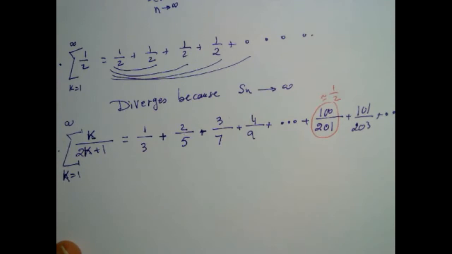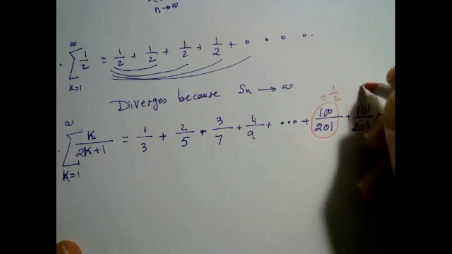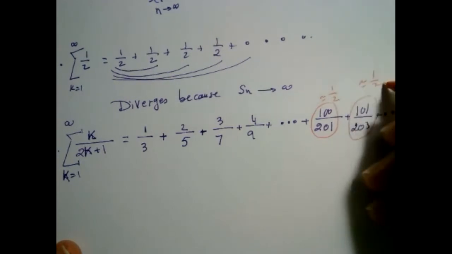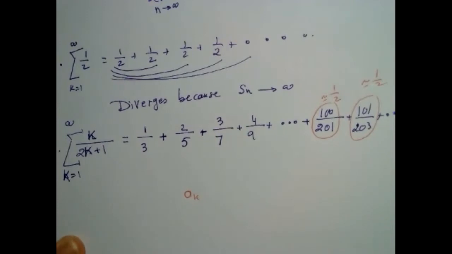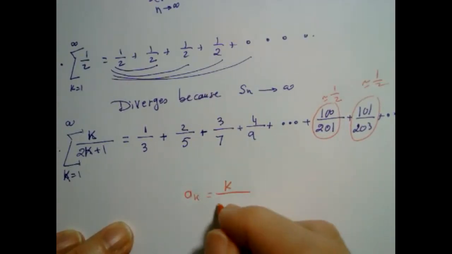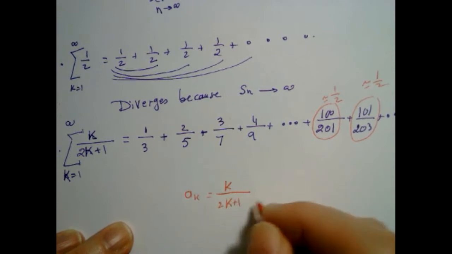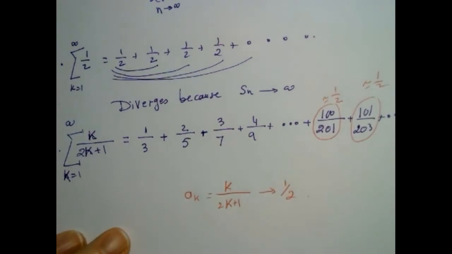That's what you mean? Yeah. Okay, this one is close to 1/2. So the numbers ak, according to your classmate, which are k over 2k plus 1, those terms become close to 1/2. This is absolutely correct. But does the series converge? What's the difference?